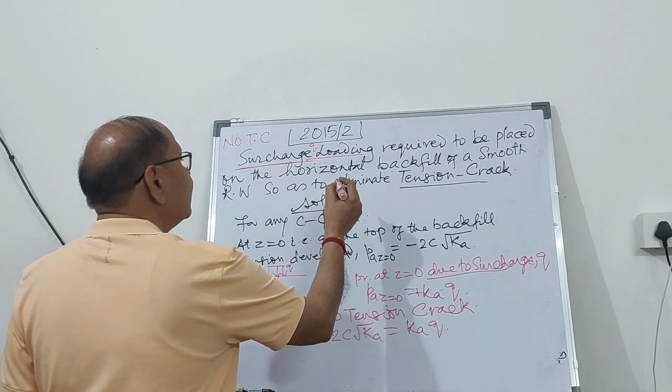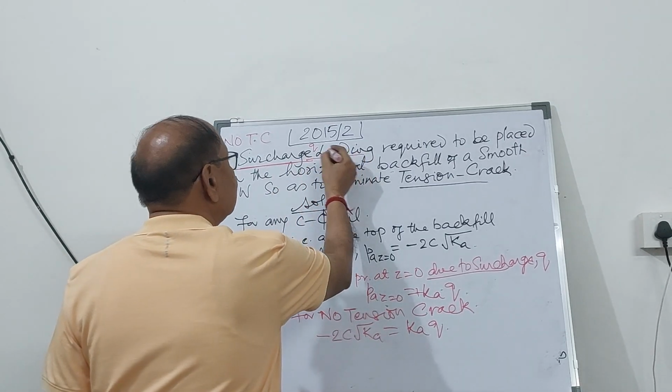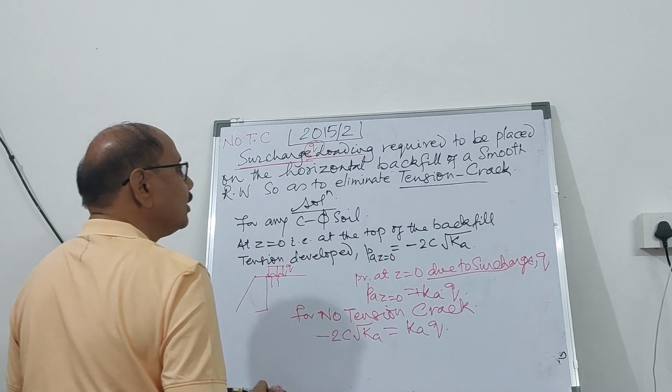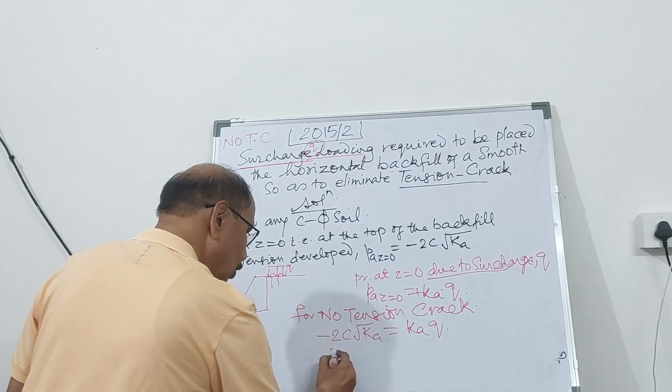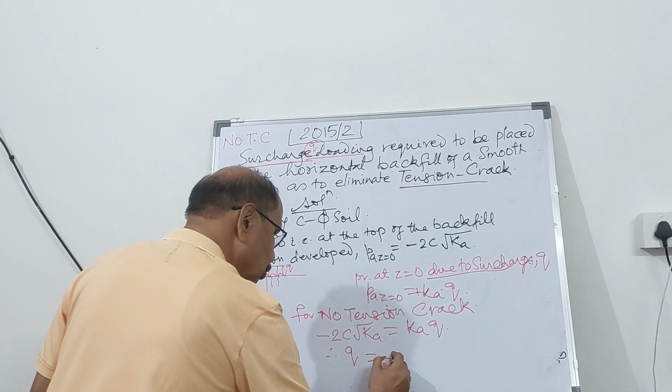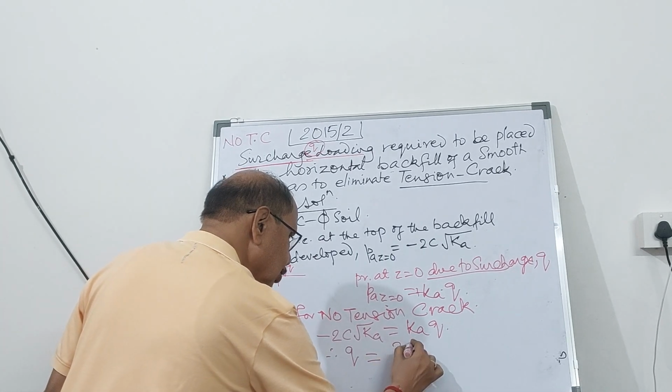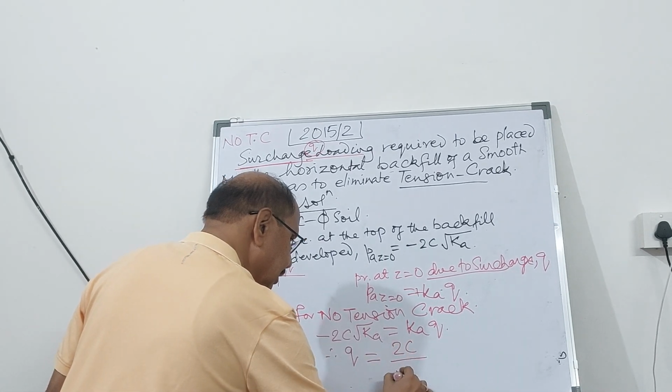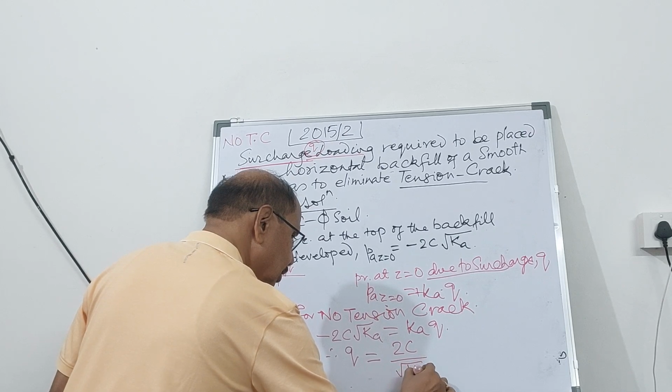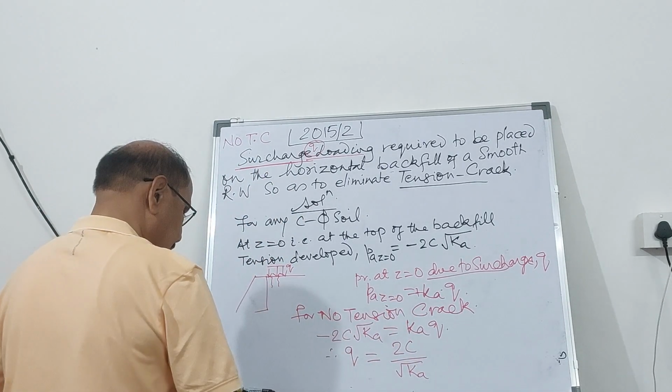You will have to find the surcharge loading required. Therefore, Q magnitude will be 2c divided by under root K.